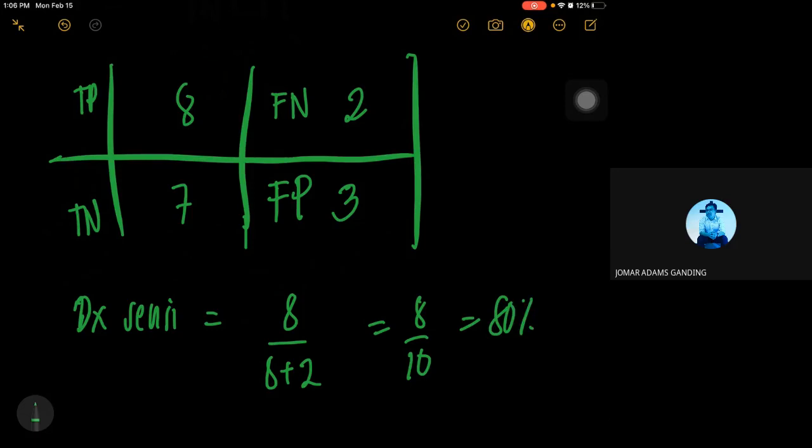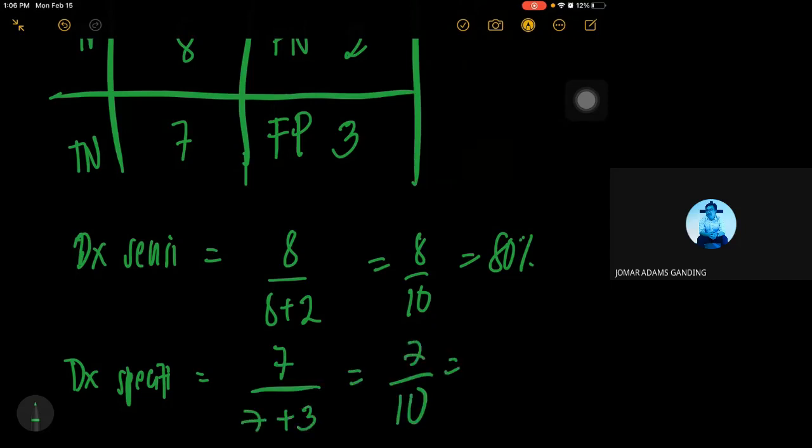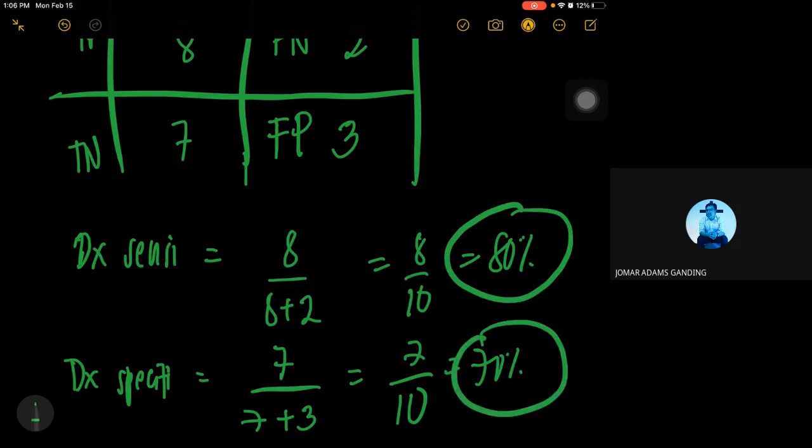For diagnostic specificity, that is in percent guys, that is 7 over 7 plus 3, so 7 over 10, that is 70%. So you have a test that has 80% sensitivity and 70% specificity. It's just simple mathematics.